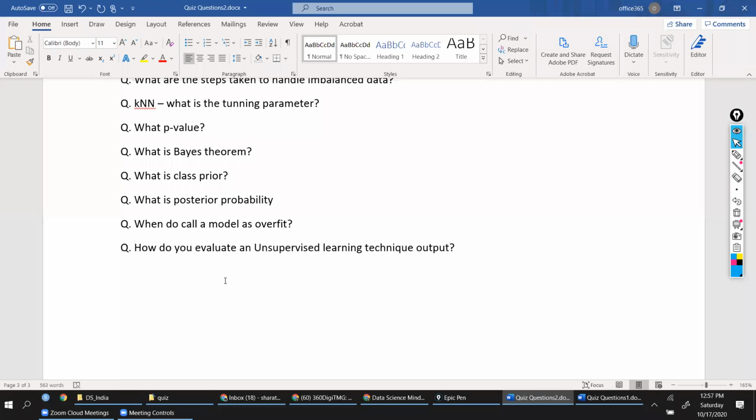How do you evaluate an unsupervised learning technique's output? We discussed a lot of things with respect to supervised learning techniques. So tell me, how do we evaluate an unsupervised learning technique?